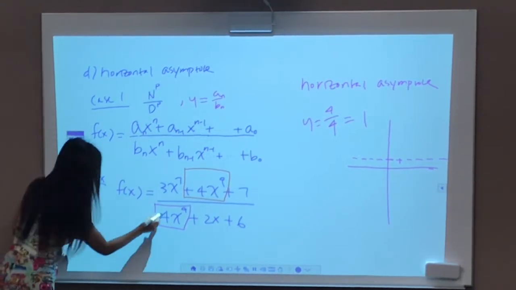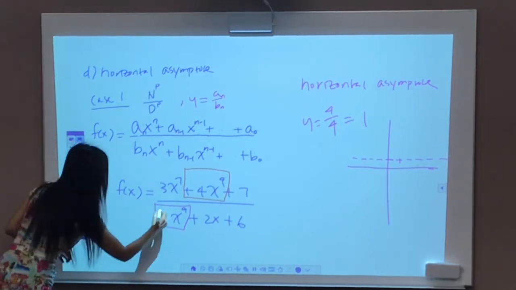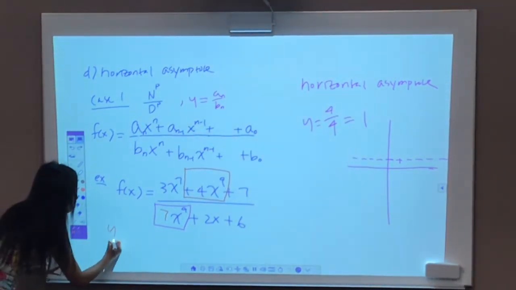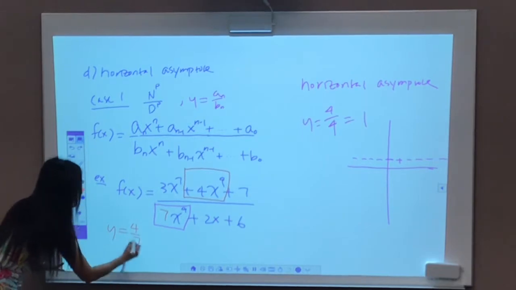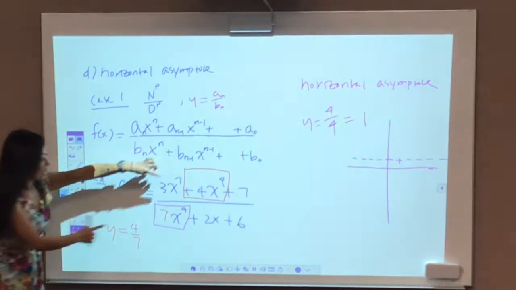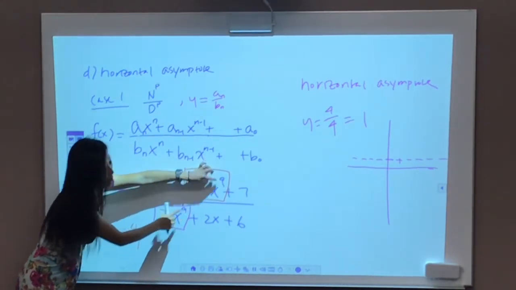If I put 7, 4 over 7, then what is my horizontal asymptote? 4 over 7. Is everybody with me? So the leading coefficient of the same power becomes your horizontal asymptote. That's the first case. Is everybody with me? Yes.